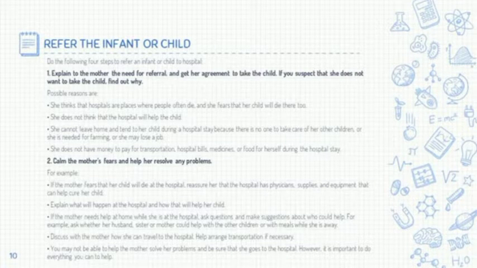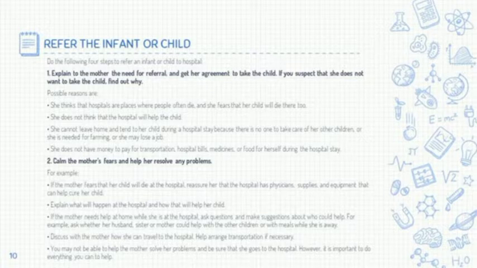If you suspect that she does not want to take the child, find out why. There are possible reasons, like she thinks that hospitals are places where people often die and she fears that her child will die there too. She does not think that the hospital will help the child.